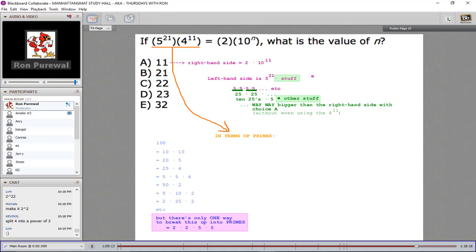So 4 is 2 times 2. So 5 to the 21 times that, the 11th. How many 2's is that? Yeah, although, you know what? This is 22 2's.